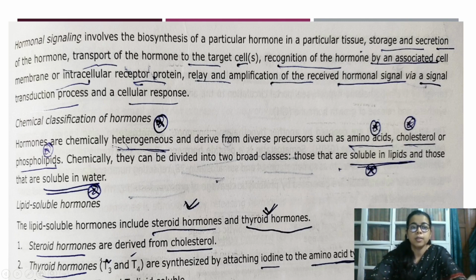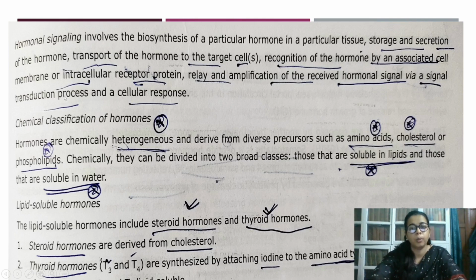Hormonal signaling mainly includes the storage and secretion of the hormone to the target cell, where a receptor protein relays and amplifies the signal, and then the cellular response is seen. Hormonal signaling involves the biosynthesis of a particular hormone in a particular tissue, storage and secretion of the hormone, transport of the hormone to the target cell, and recognition of the hormone by the associated cell membrane.